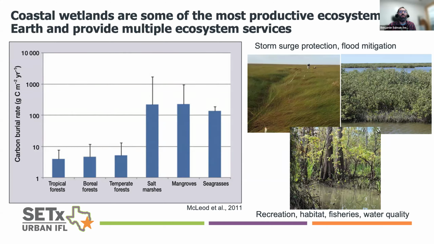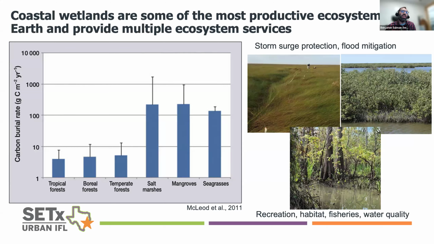So one particularly important issue for the Southeast Texas project is flooding. It's a vulnerability that's pretty important in this area, and coastal wetlands mitigate coastal flooding, especially hurricane related storm surges, and also wetland areas can mitigate river and pluvial flooding.